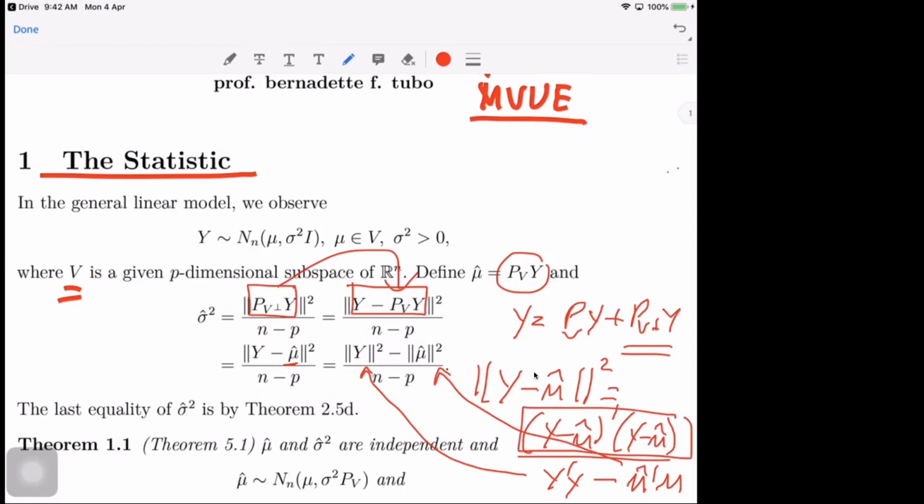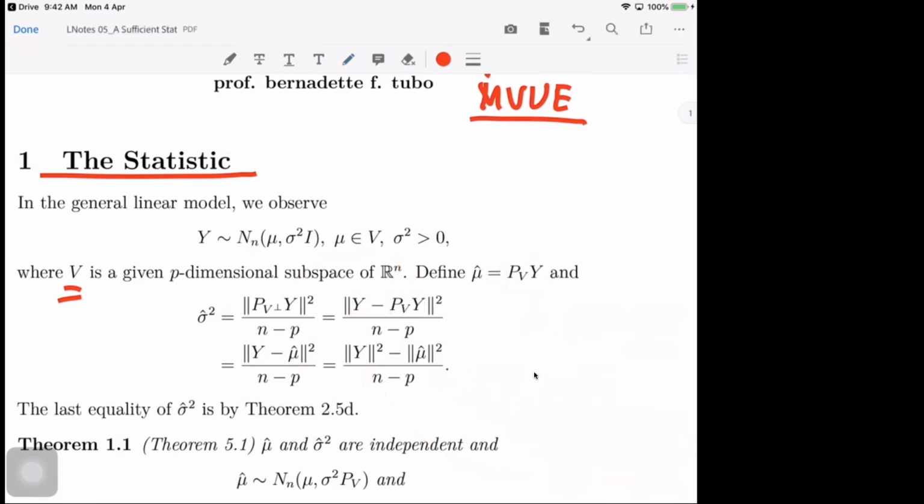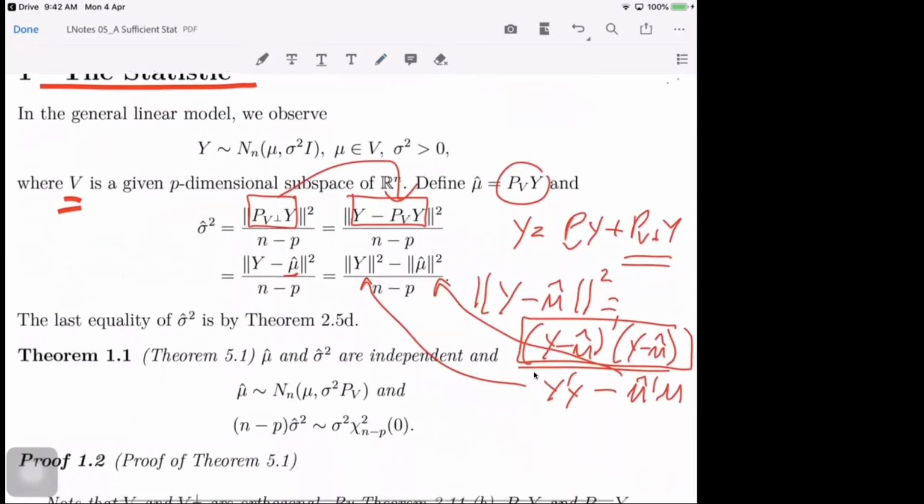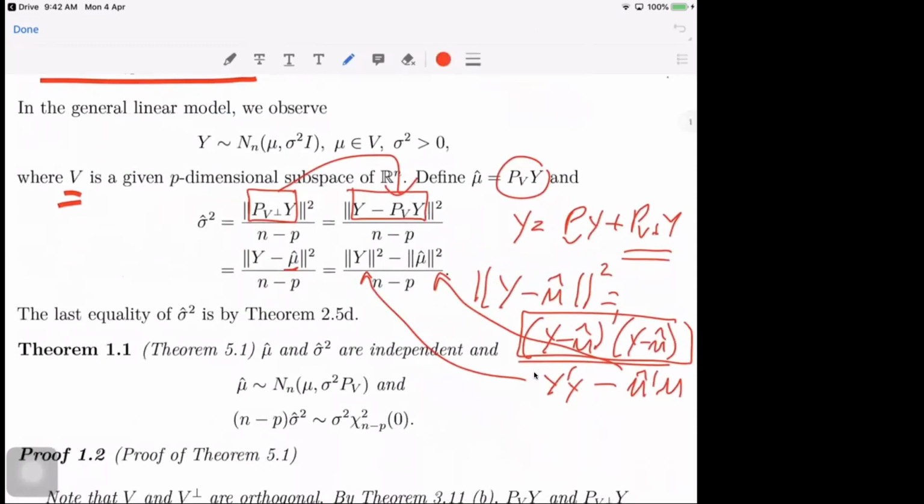Why do you think? Because you will have a middle term here, y prime mu hat and mu hat prime y. Now, why is the middle term not 0?